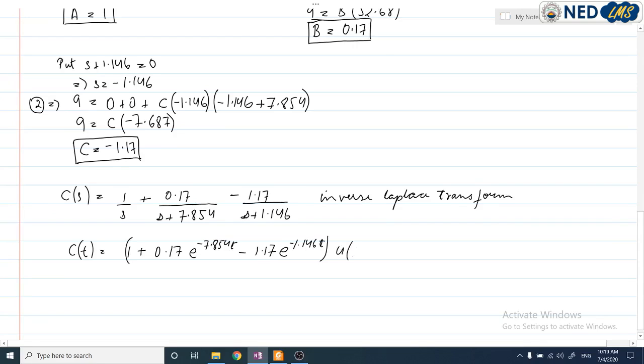So this is the final output response in the time domain, and this part of the output response is the forced response, and this part is basically the transient response part.